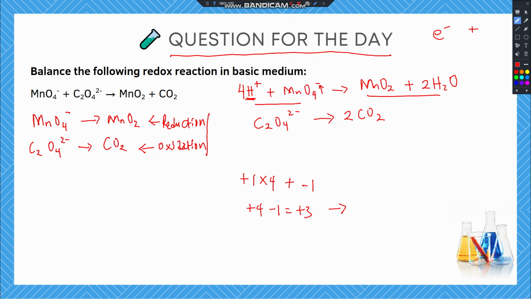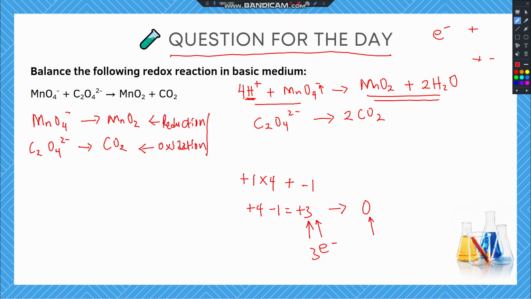On the right hand side, however, there is absolutely no charge, no plus and no minus anywhere. So the charge on the right hand side is basically 0. So now the left hand side is +3 and the right hand side is 0. And we need to add electrons to the side that is more positive to make charges balanced on both sides. So that tells us that we need to add 3 electrons to the left hand side in order to balance the charges.